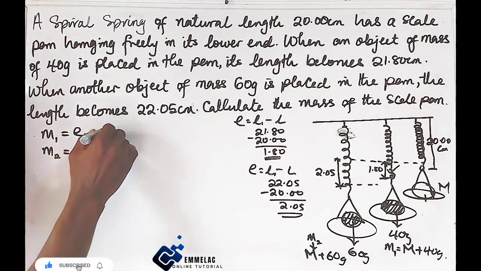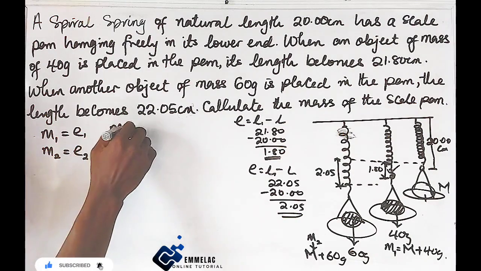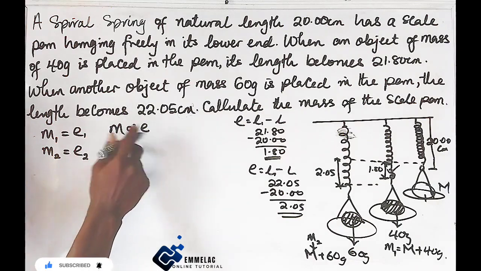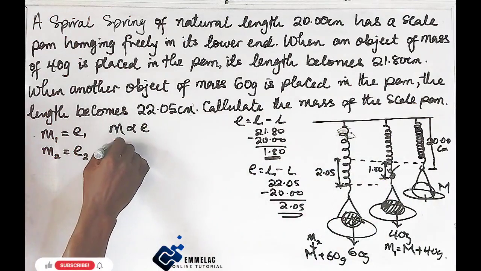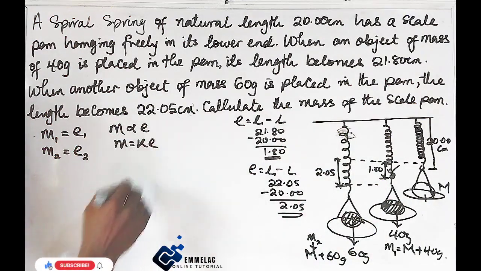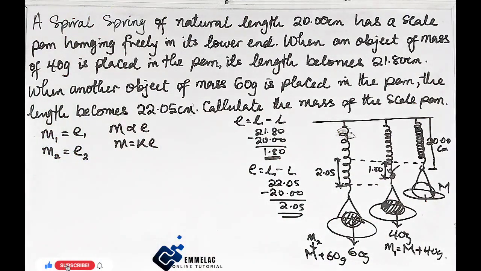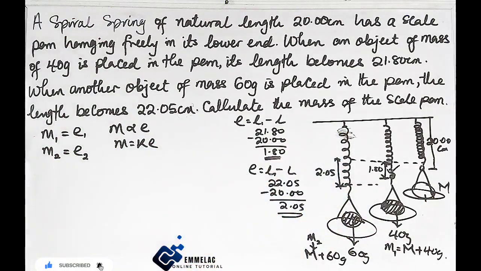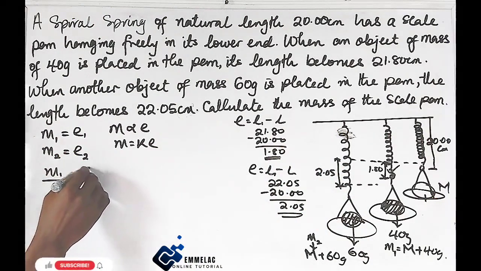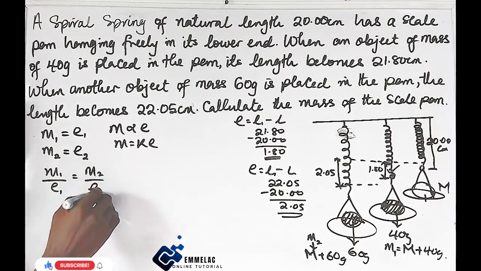This is because M is proportional to E. Take note, the constant between them is K, and that is the elasticity constant. To this end, we can say M1 over E1 equals M2 over E2.